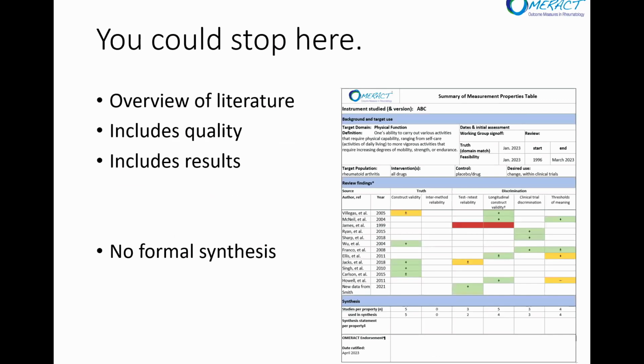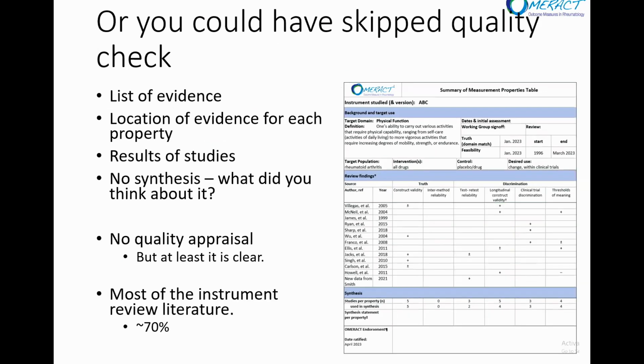So you could stop here. You would have an overview of the literature. It would include quality. It includes the results, but there's no formal synthesis. Or you could have skipped the quality check and had a list of the evidence, location of evidence for each property, the results of the studies, but there's no synthesis. And then there's no quality appraisal.